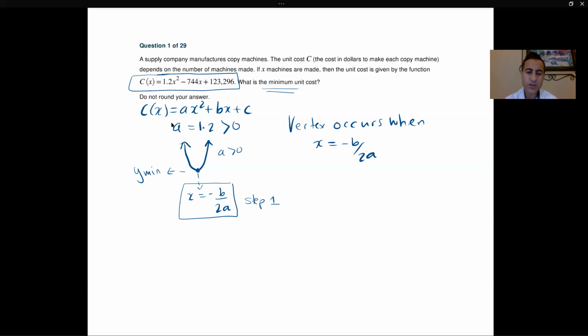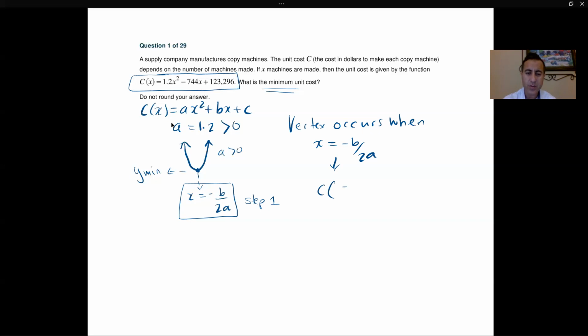And the second step, each time we worked with this and we say x, when you find the value of x, how do you find the y value? And of course, always the answer is to substitute back into the function.